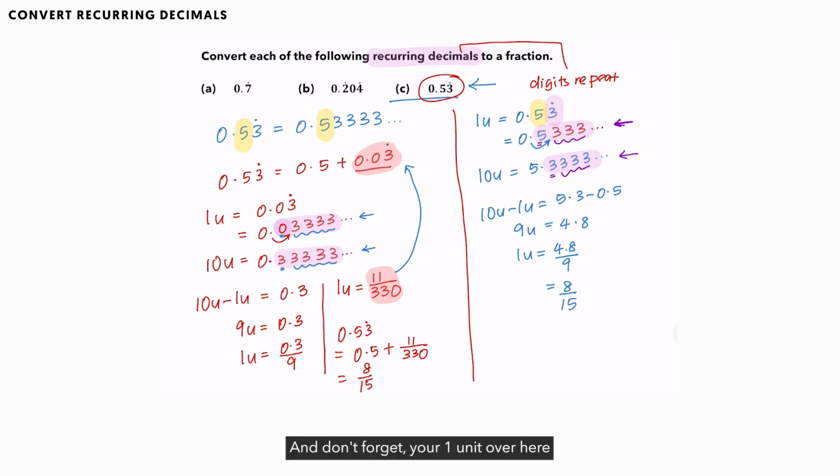And don't forget, your 1 unit over here is your recurring decimal, 0.53 with a dot above the 3. So we can now conclude 0.53 with a dot above the 3 is the same as 8 over 15. So I've shown you 2 different ways to convert such a recurring decimal into a fraction, and I hope you found this useful.